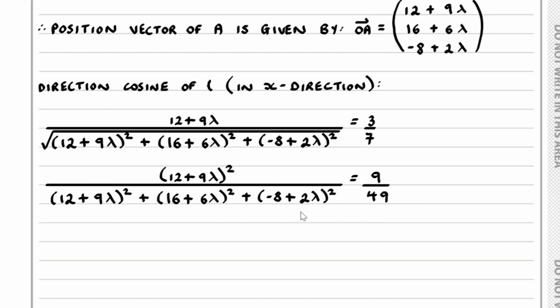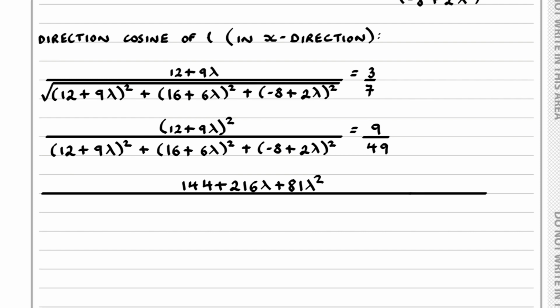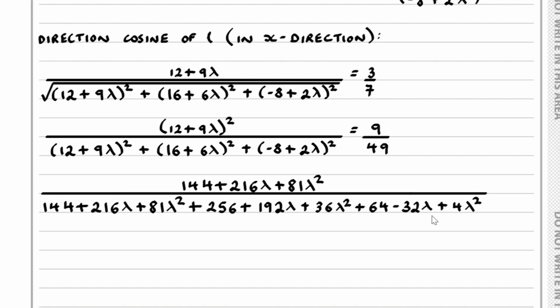And now at this point we need to tidy all this up and solve. So expanding (12 plus 9 lambda) all squared, we get 144 plus 216 lambda plus 81 lambda squared. And we divide this by 144 plus 216 lambda plus 81 lambda squared, which is this bracket simplified, and this bracket simplified, we end up with 256 plus 192 lambda plus 36 lambda squared, and this bracket simplified, we end up with 64 minus 32 lambda plus 4 lambda squared, and this is of course equal to 9/49.